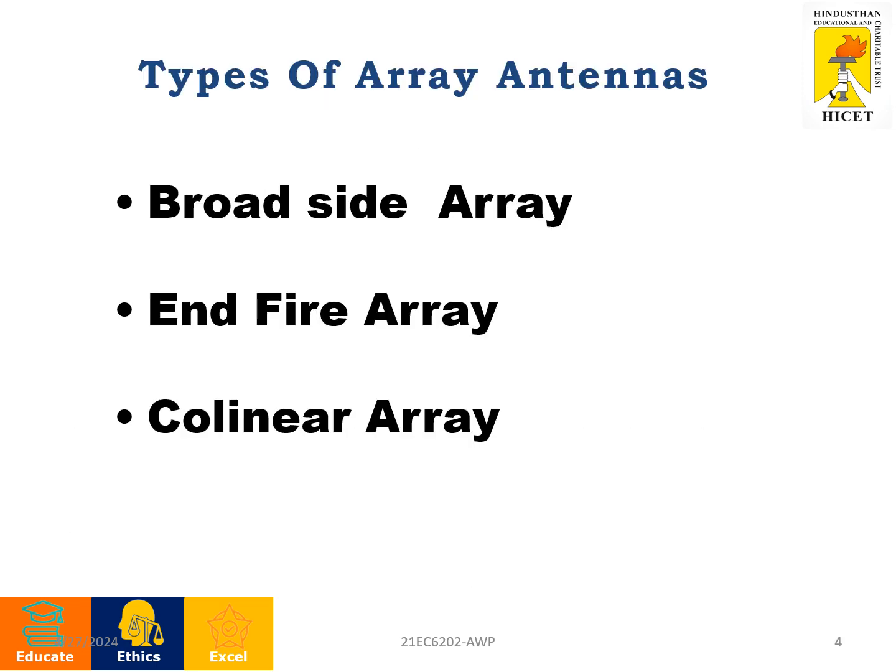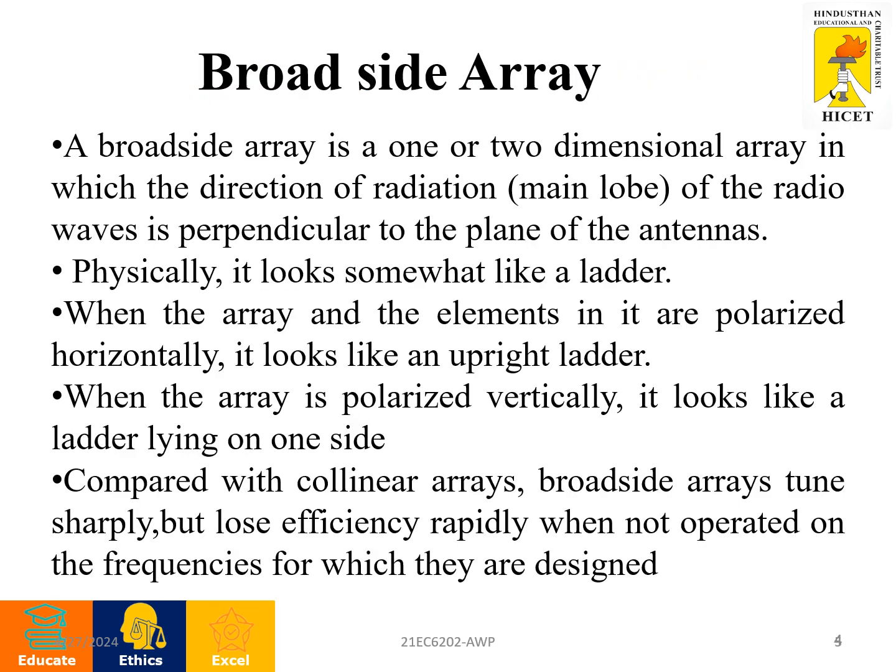Types of array antennas: broadside array, end-fire array, collinear array. So the first type is the broadside array. A broadside array is a one or two-dimensional array in which the direction of radiation, nothing but the main lobe of the radiated waves, is perpendicular to the plane of the antenna. Physically it looks somewhat like a ladder.